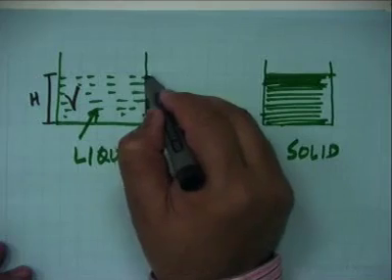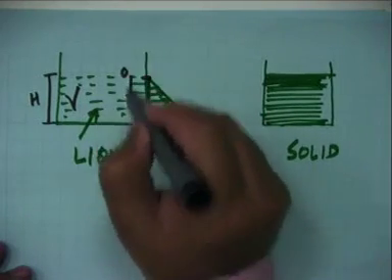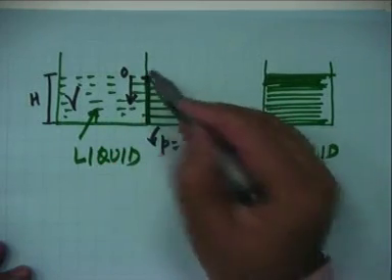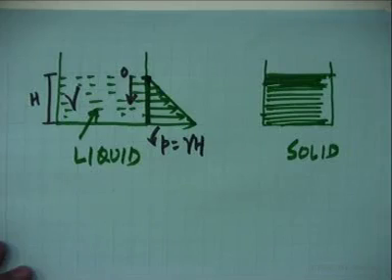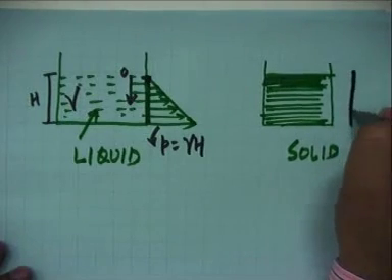We measure h from the top, so when h is 0 here, the pressure is 0 here. This is typical of a liquid. In case of solid, you will find that the pressure is 0 throughout.